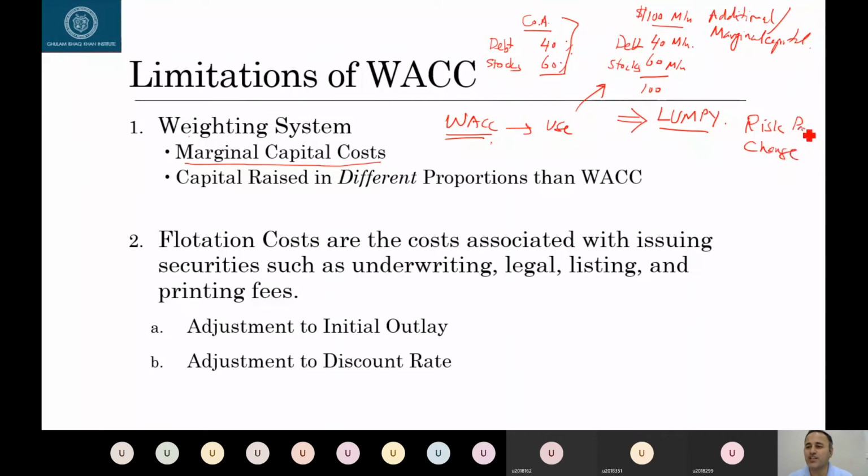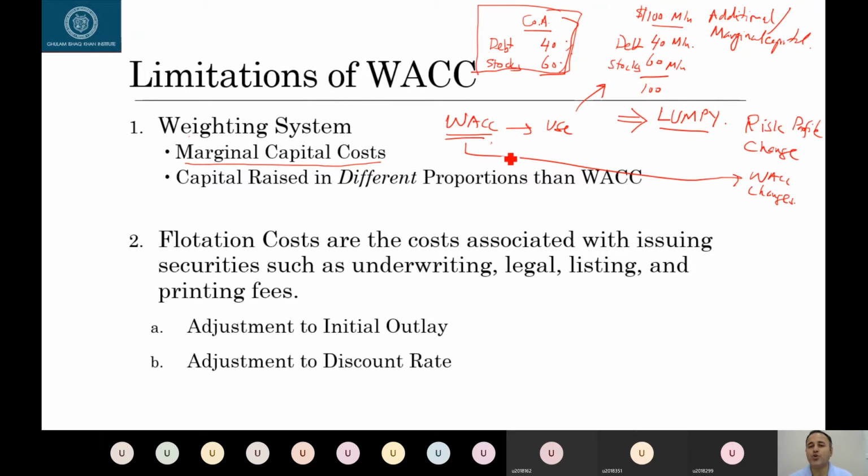So the risk profile changed for that company. So whenever the risk profile changes, of course, your WACC also changes. If WACC changes, it means if you're using the WACC, which you already calculated for the existing structure, it will not be good.